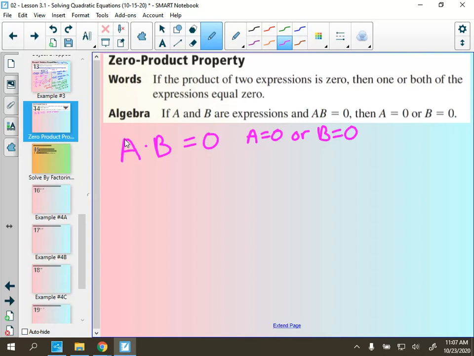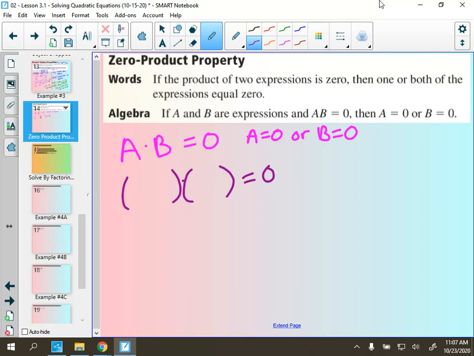For us, where does that come up? Why are we talking about that? It seems like such a basic concept. If I'm multiplying two quantities and getting 0, then either this quantity has to have a total value of 0, or this quantity has to equal 0.